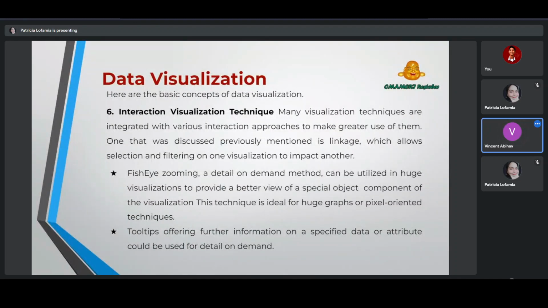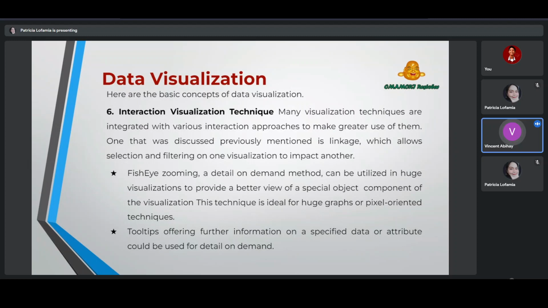Sixth, interaction visualization technique. Many visualization techniques are integrated with various interaction approaches to make greater use of them. One that was discussed previously is linking, which allows selection and filtering on one visualization to impact another. First is the fisheye zooming.